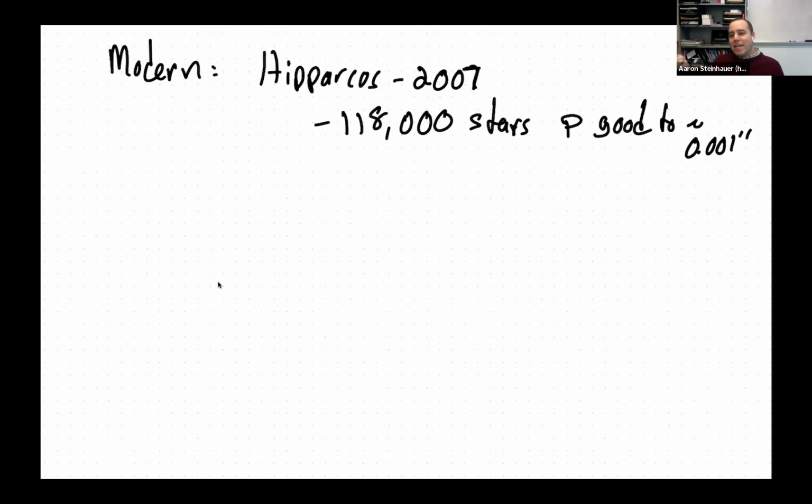So if Hipparcos reports a parallax angle of 0.001, we don't believe it because the uncertainty is 0.001. But by the time you get to 0.003, you've got a 3 sigma result, and you start believing that.